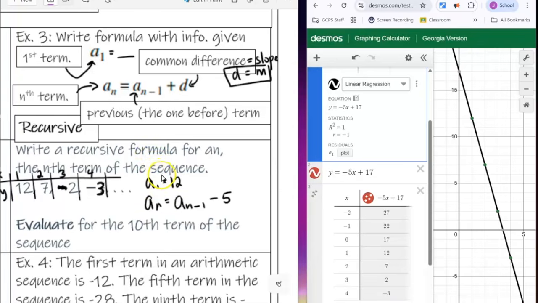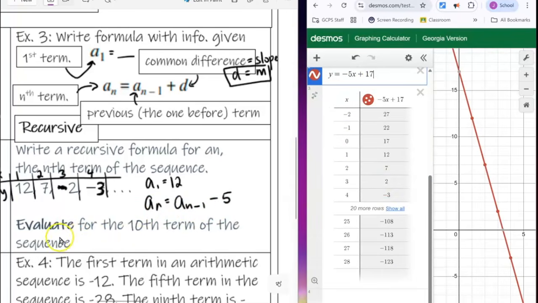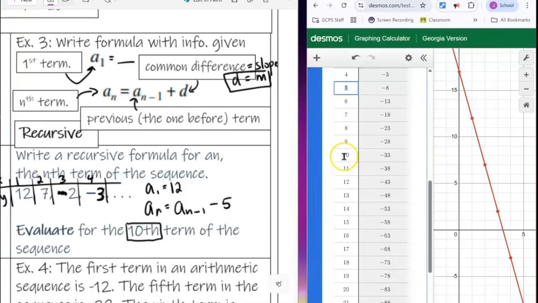At this point, you should also have your first term and your formula written for your question. The reason we copy it and make it a table is for when it tells you to find a specific term. This one is asking you to find the 10th term, the 10th number, when x is equal to 10. All I have to do is look at my table, and obviously I've passed it, so I'm going to say show all and go to 10.